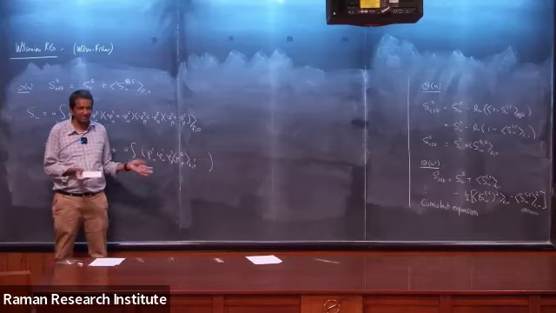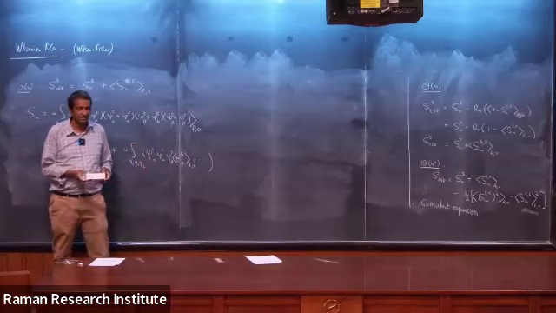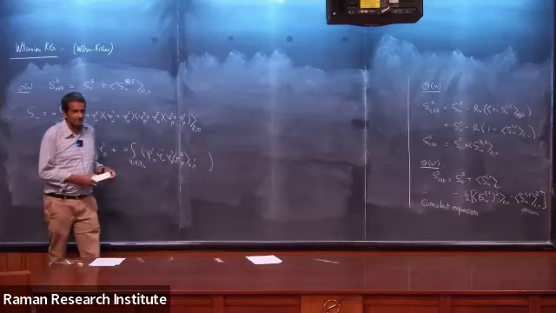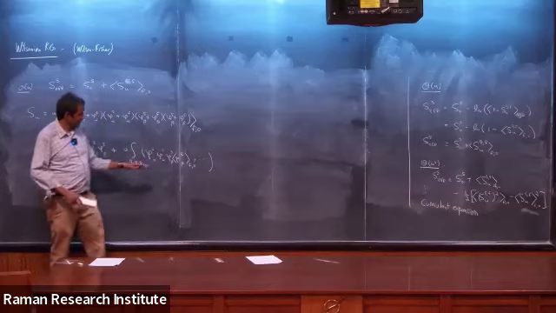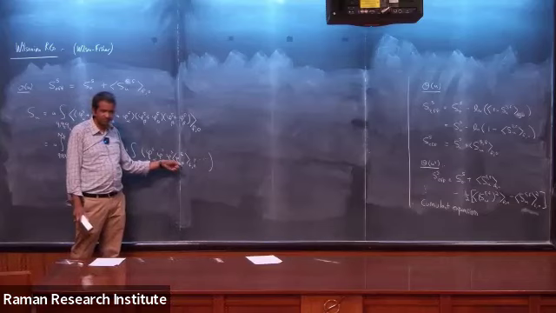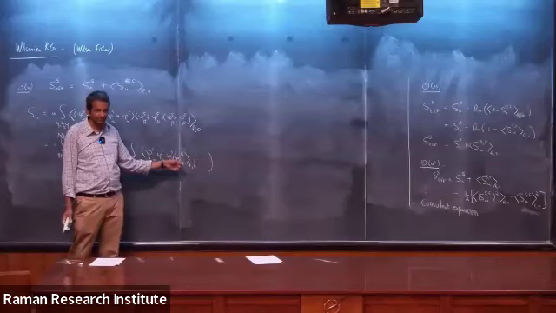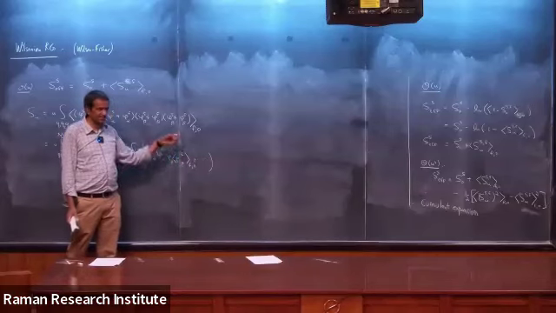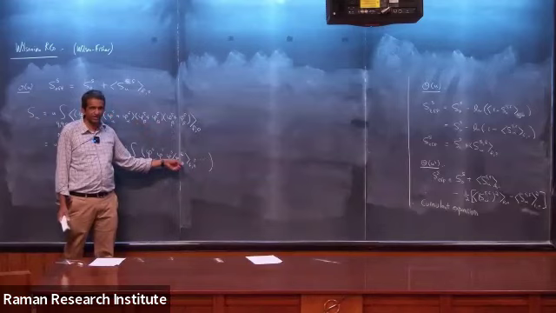Why is it 0? Correct. So this is just the average of a field. This is like the average of x, but the distribution is like e to the minus x squared. So the distribution is even under phi going to minus phi, and I'm trying to calculate the average of something that's odd under phi going to minus phi. So such averages will vanish.